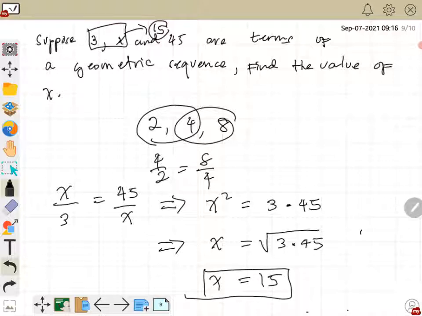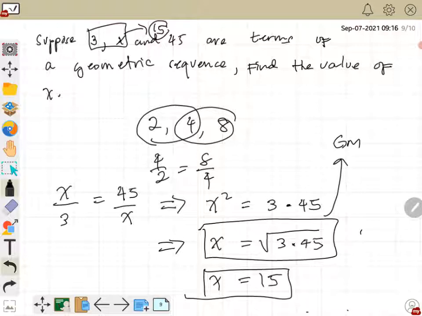Okay, so here is the thing. This one gives us the hint for a shortcut to the geometric mean. How many numbers do we have? How many terms are we multiplying inside? That indicates our radical sign. Since there are 2, you're just simply getting the square root.